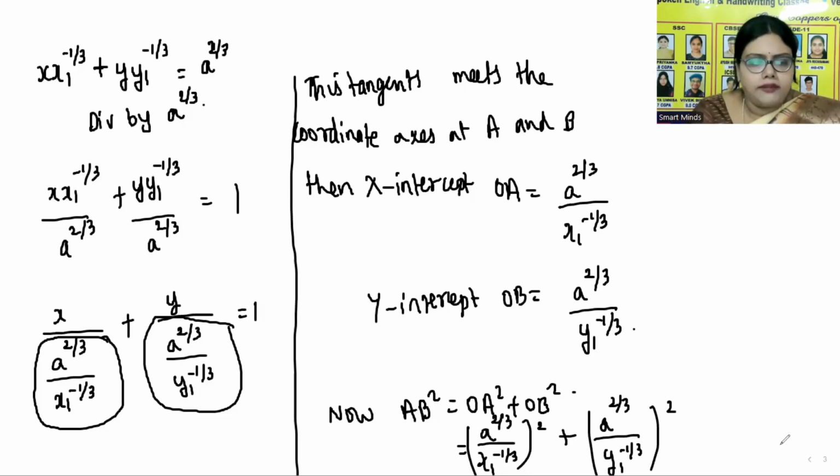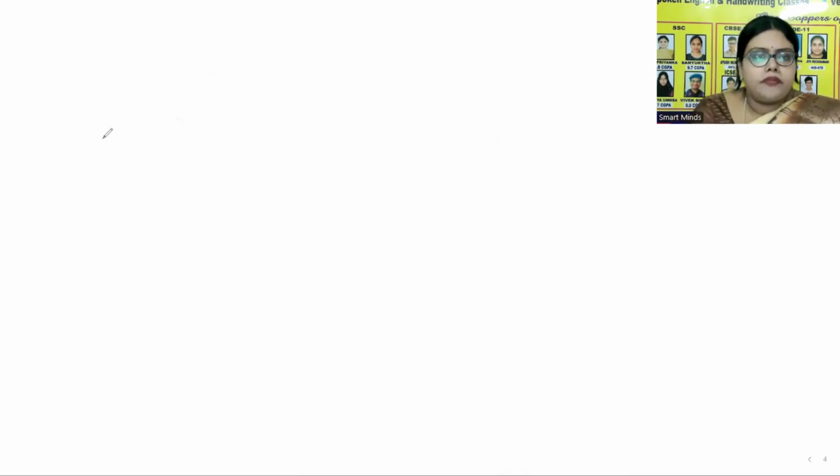So if you add this, you will get a power 4 by 3 by x1 power minus 2 by 3 plus a power 4 by 3 by y1 power minus 2 by 3.